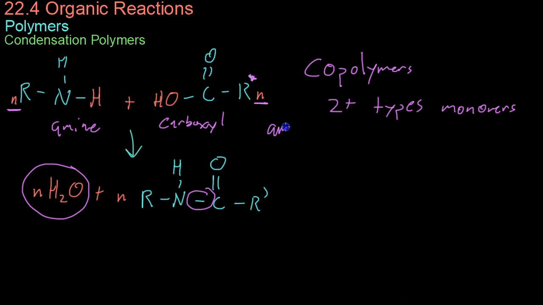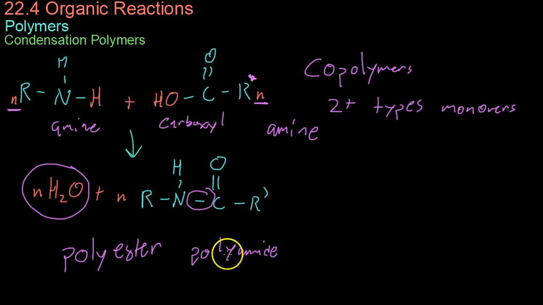This can then have another amine group down here connecting to another carboxyl group, etc. You can form long chains by condensing out this water. This is how you form things like polyesters and polyamides. For example, nylon is a polyamide, and many fabrics used in clothing are polyesters, formed from reaction of dialcohols with carboxylic acids. They're used in tires, food packaging, fabrics, etc.